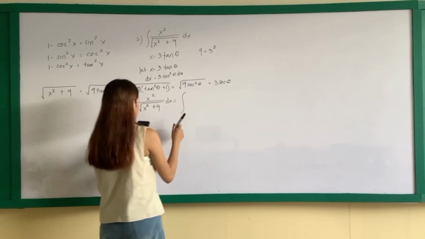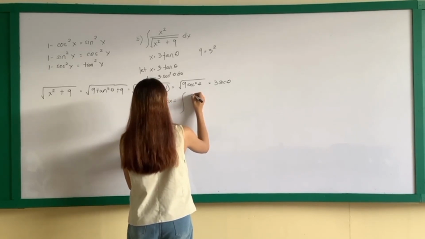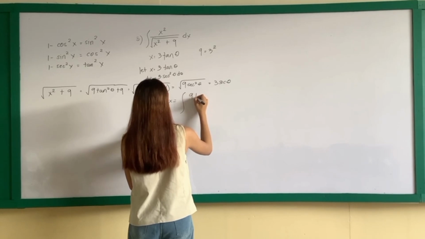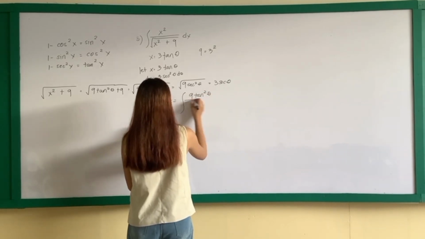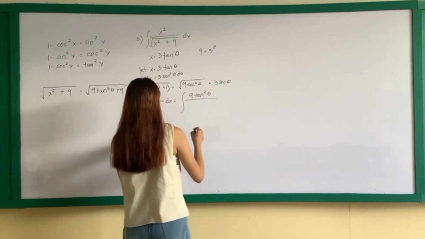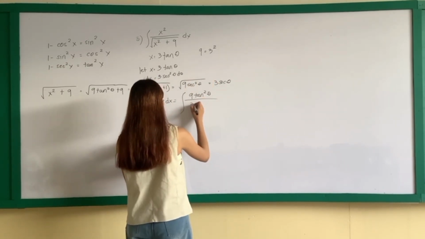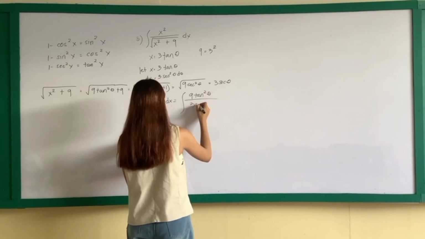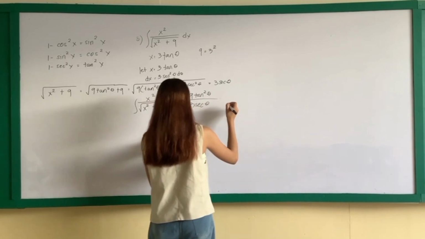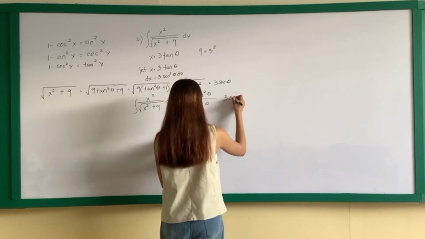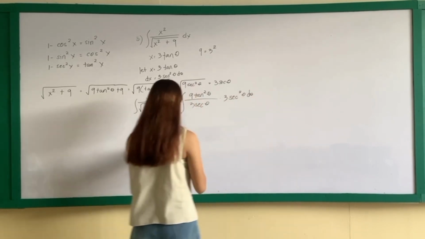Equals the integral of 9 tan squared theta over 3 secant theta, multiplied by 3 secant squared theta d theta.